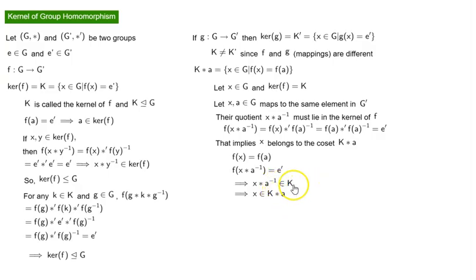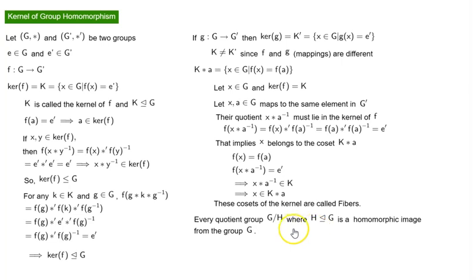If we multiply on both sides by a, a inverse times a becomes e, and you end up with Ka. So x is in the coset Ka. Now these cosets of the kernel are called the fibers. Basically, what does this mean? If H is a normal subgroup of G, then G by H forms cosets.